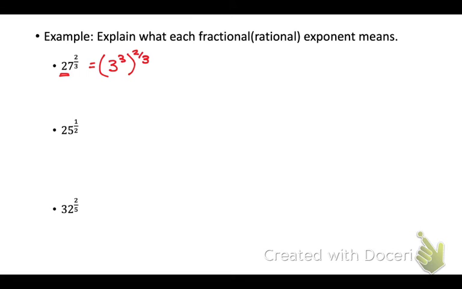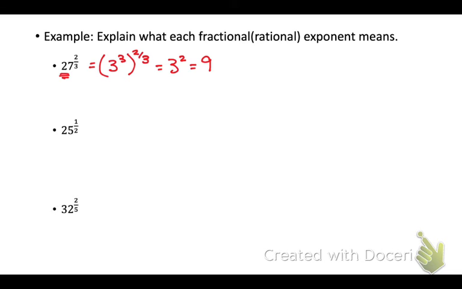Because 3 times 2/3 is just 2, the 3's reduce, and I get 3 squared, which is 9. Think about having to put that into a radical and dealing with it. Would you rather do it this way or the radical? This way.